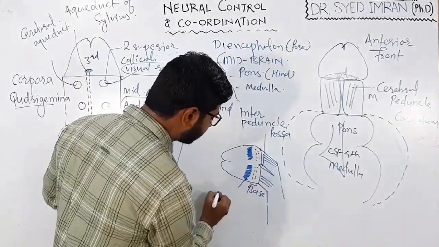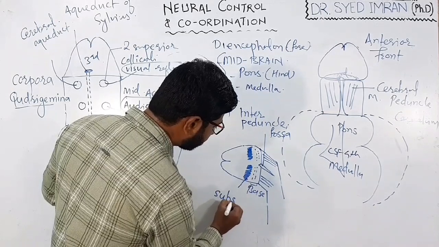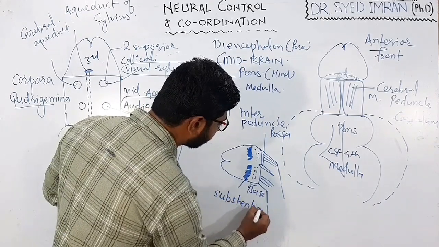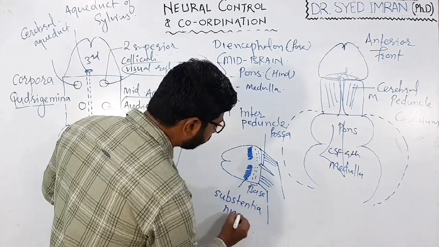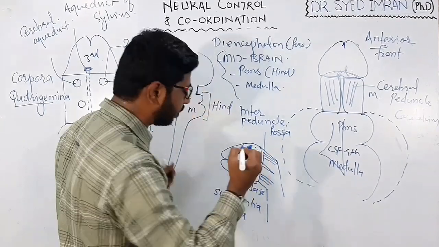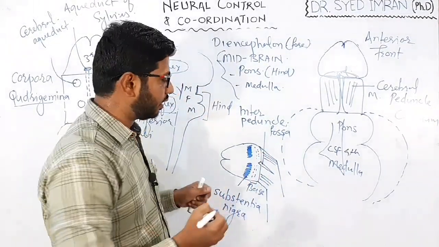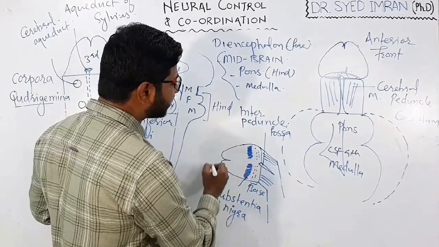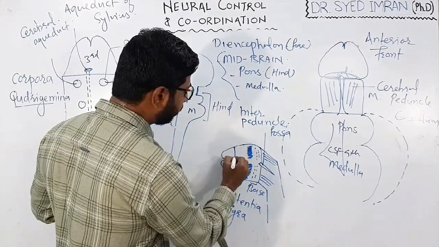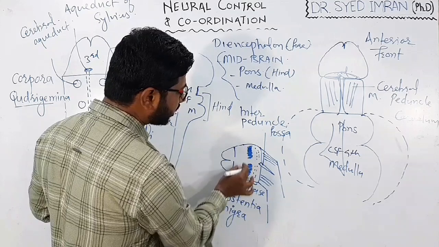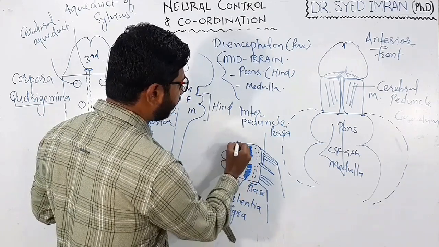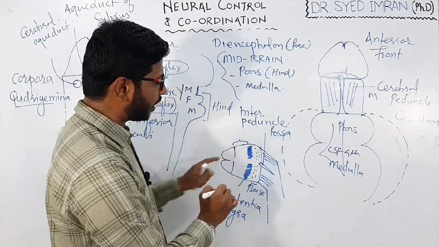These black bands are known as substantia, and due to the black color, it is called nigra. Substantia nigra.